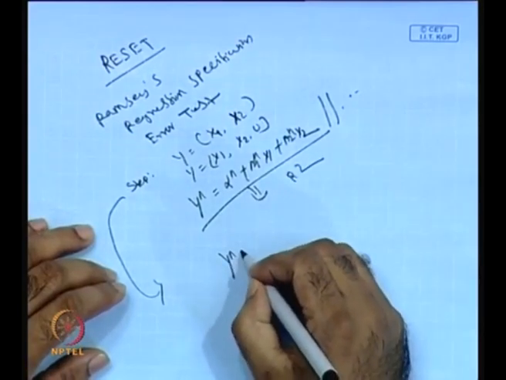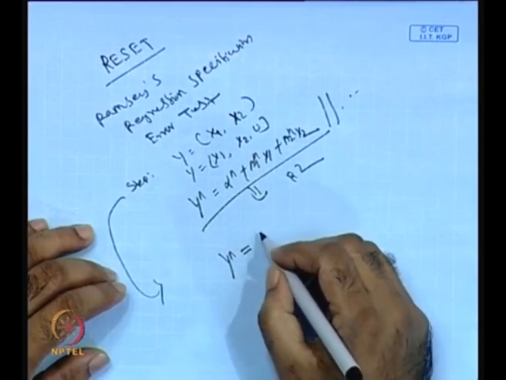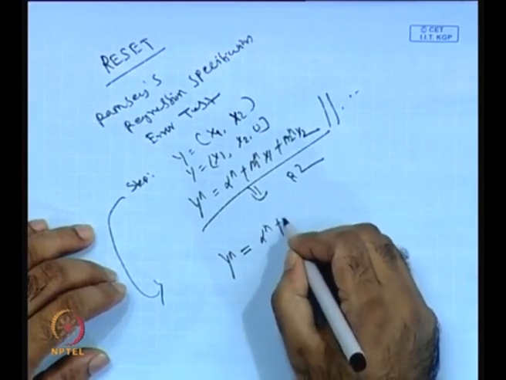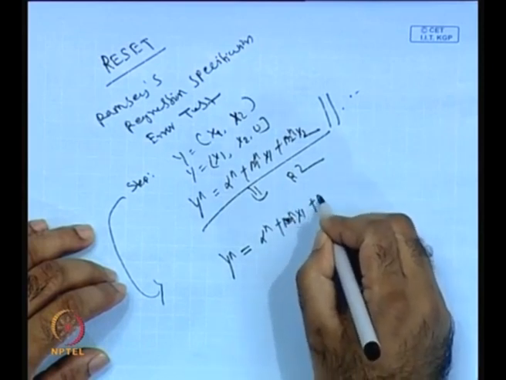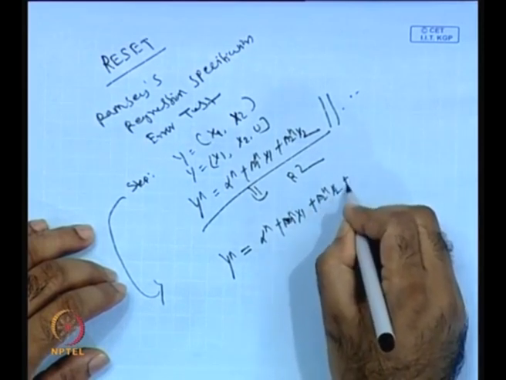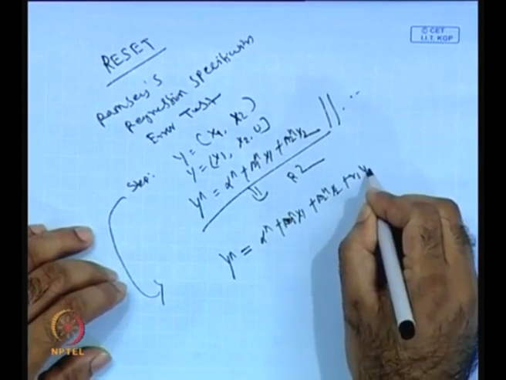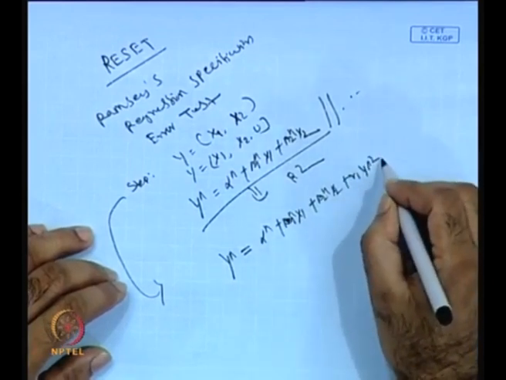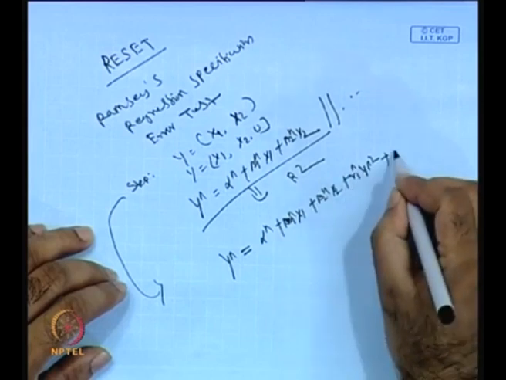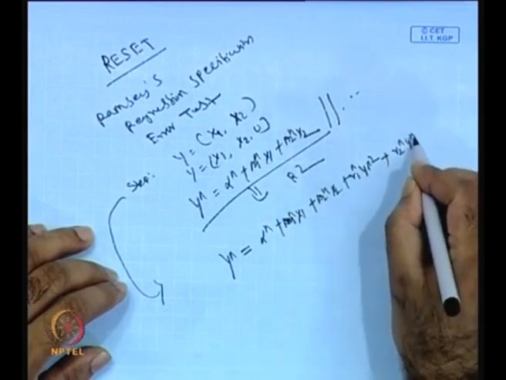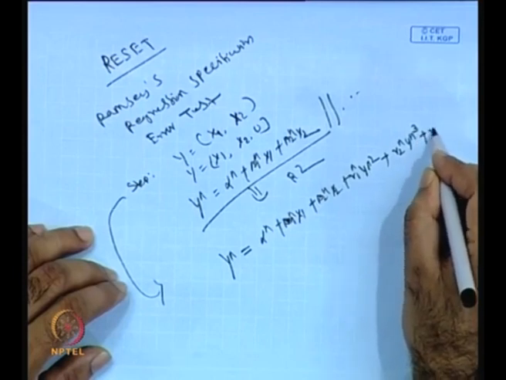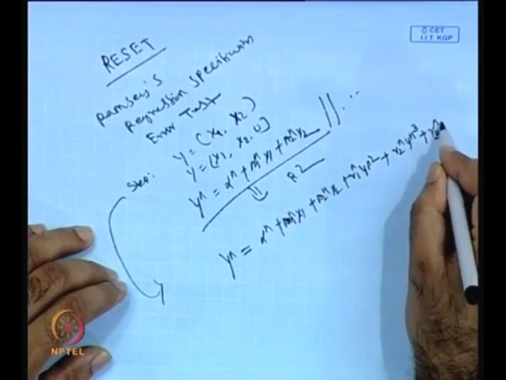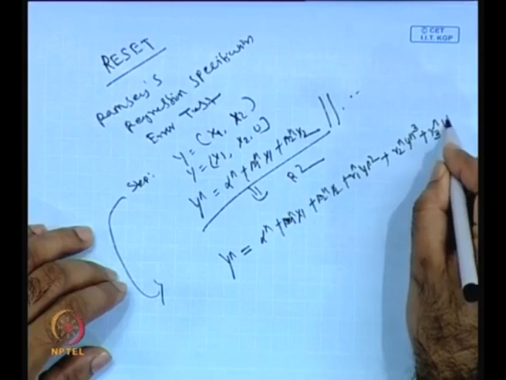You have the estimated model by incorporating alpha hat plus beta 1 hat x1 plus beta 2 hat x2 plus gamma 1 hat y hat squared, plus gamma 2 hat y hat to the power 3, plus gamma 3 hat y hat to the power 4.